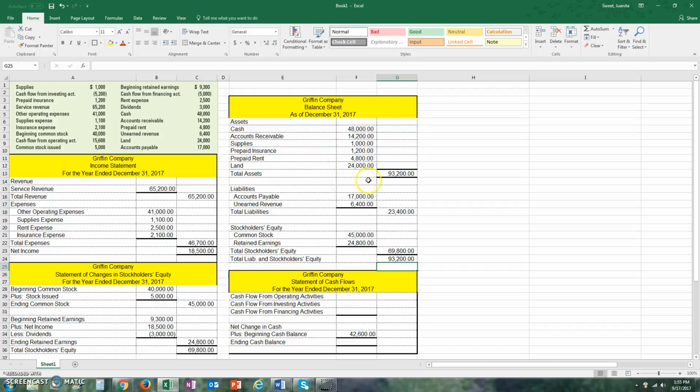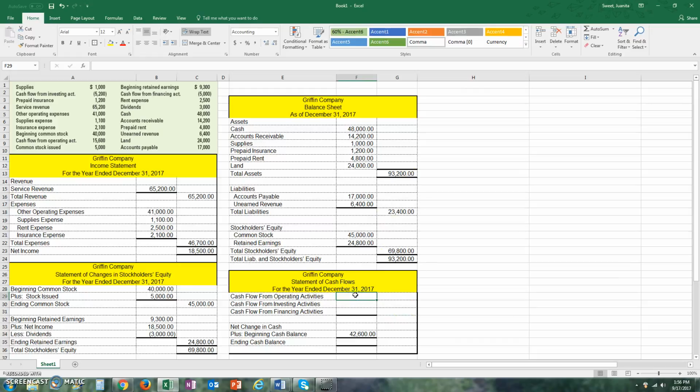So in other words, we have $93,200 in things that we own or control, and they were provided to us by borrowing of $23,400, by investors of $45,000, and we have earned and retained $24,800. These balanced, we would move on.